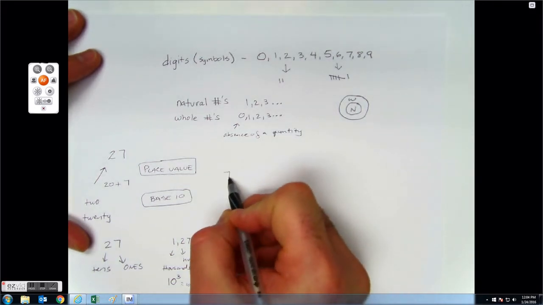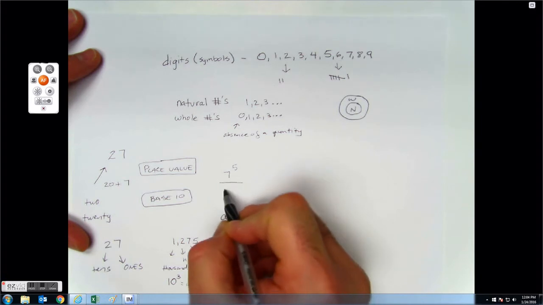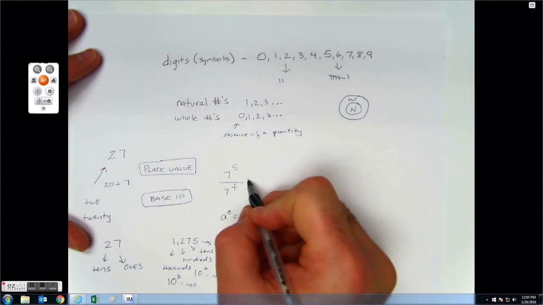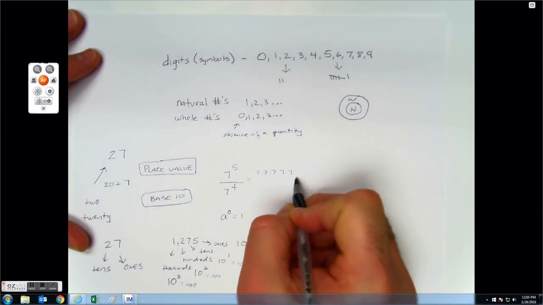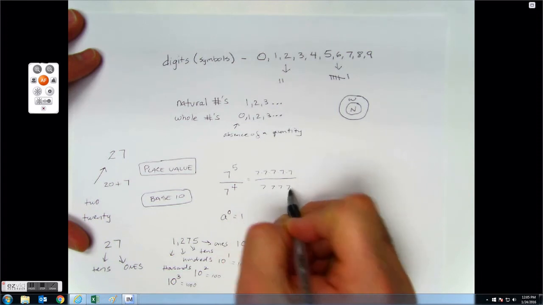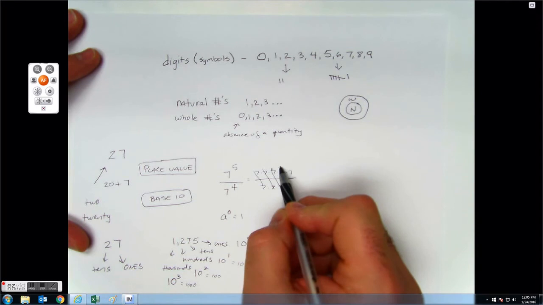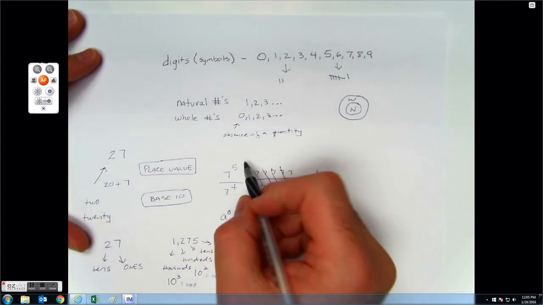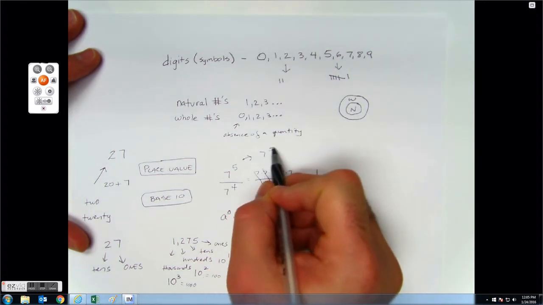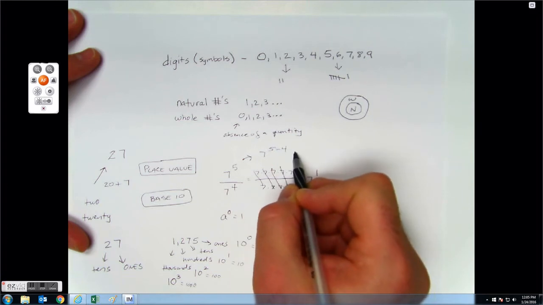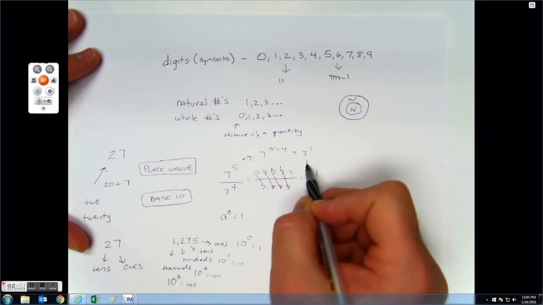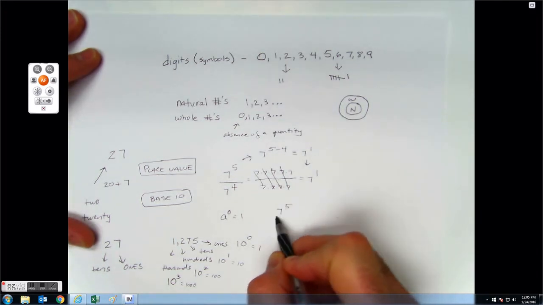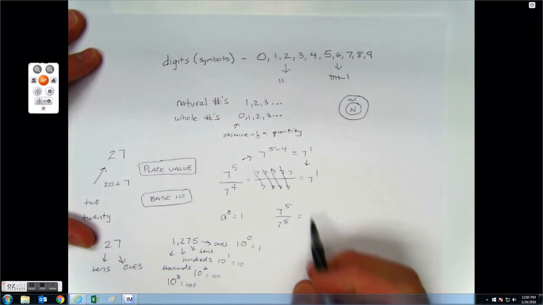Well, there's an exponent rule that says if you divide exponents with the same base, then you can subtract the powers. So in this case here, look, if we had 7 to the 5th over 7 to the 4th, this would give us 5 sevens, this would give us 4 sevens, which if we canceled the sevens, we have 7 to the 1 power. The exponent rule allows us to take this and more efficiently get that result. 7 to the 5 minus 4 is 7 to the 1, so that's how we can get here. So based on this rule, what if we had 7 to the 5 power over 7 to the 5 power?